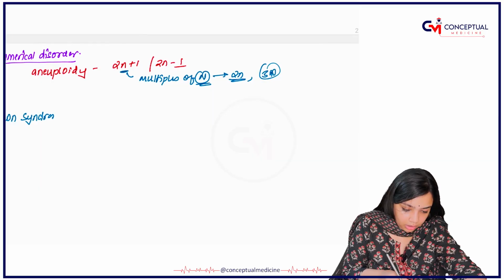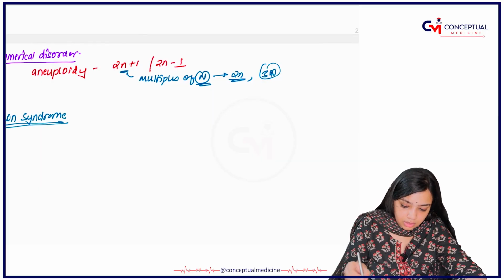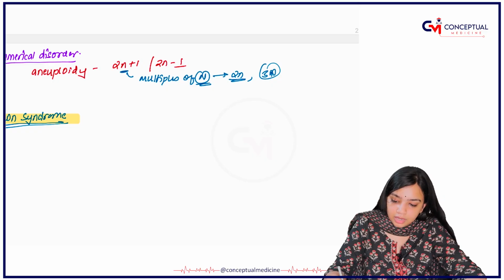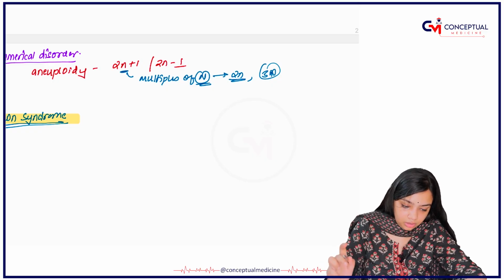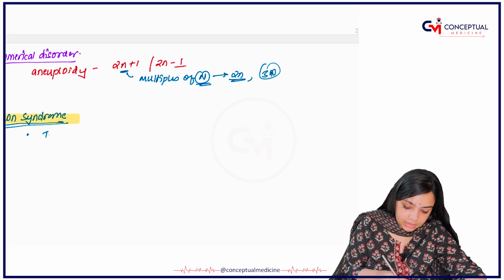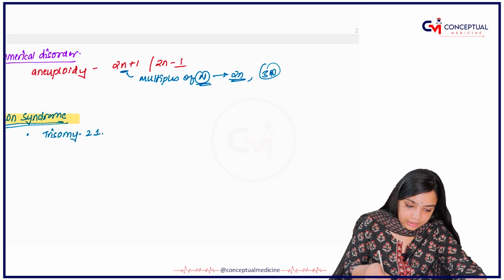Down syndrome. So what is Down syndrome? See, remember, Down syndrome can be asked as a short note question. So Down syndrome is basically trisomy 21.